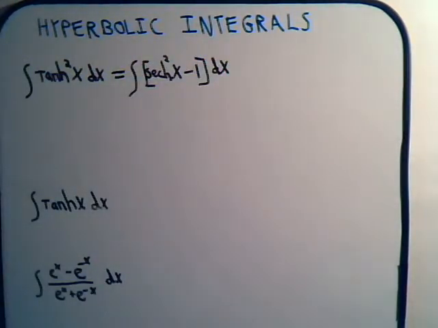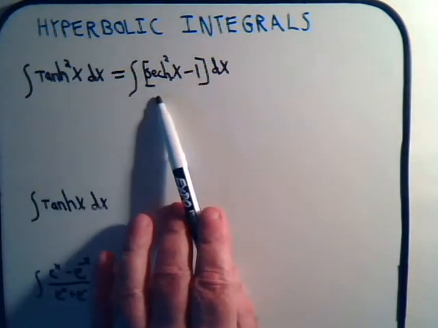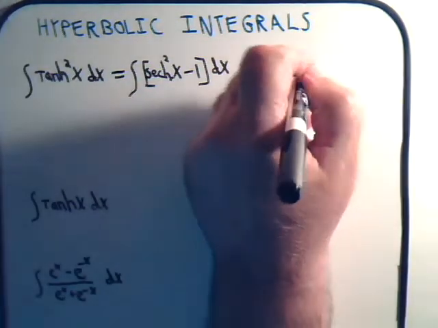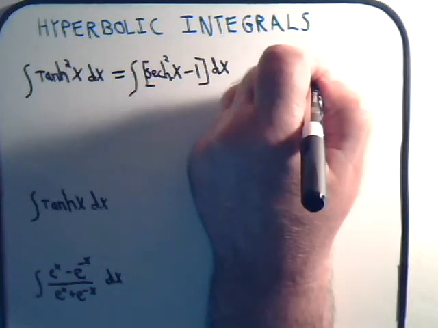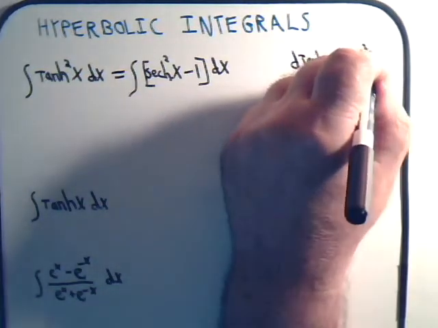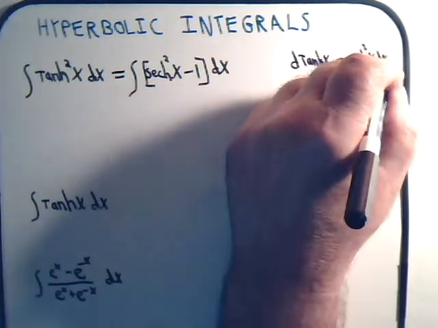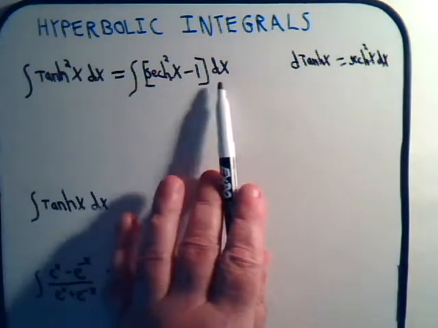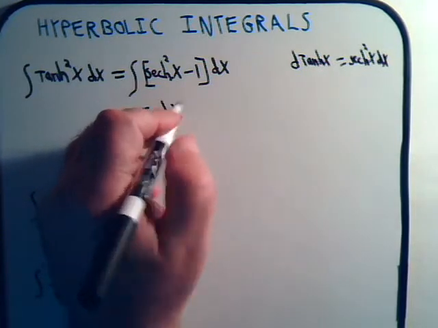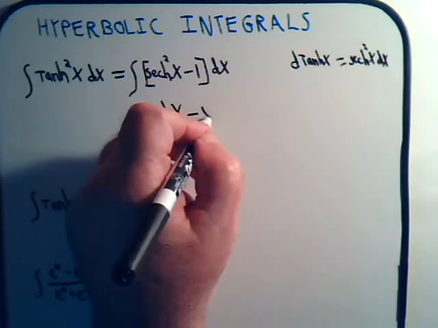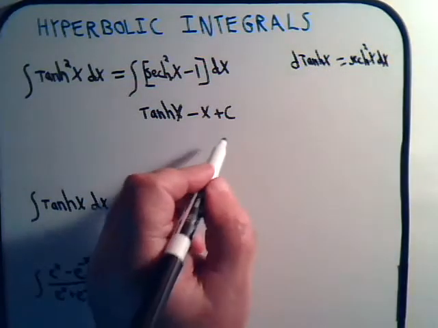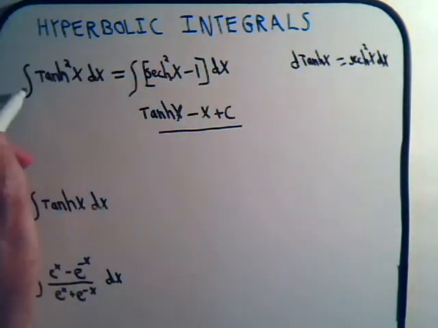So we break up into two integrals, and for the integral of the hyperbolic secant squared dx, hopefully you recognize that right away, because the differential of the hyperbolic tangent of x is the hyperbolic secant squared of x. So the integral of that would be the hyperbolic tangent of x minus, this integral, that's minus x, plus an arbitrary constant of integration.